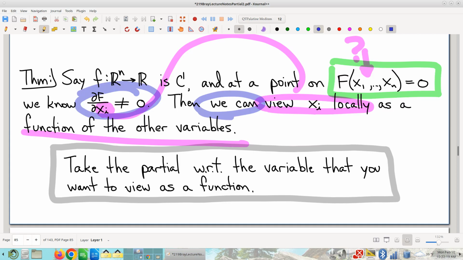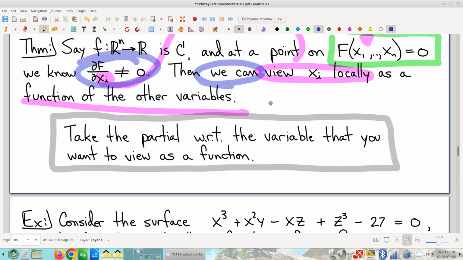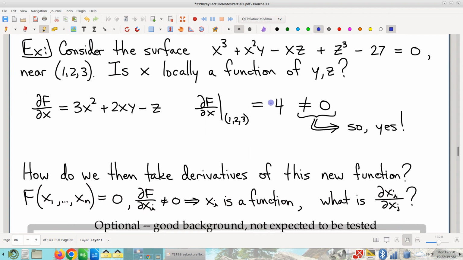Right? Nice and simple little test. Partial derivatives, world's easiest derivatives to take. Just punch it up and evaluate it and see what it is. And if it's non-zero, no problem. Don't even worry about this issue at that point. Okay. So let's see an example of this in action.